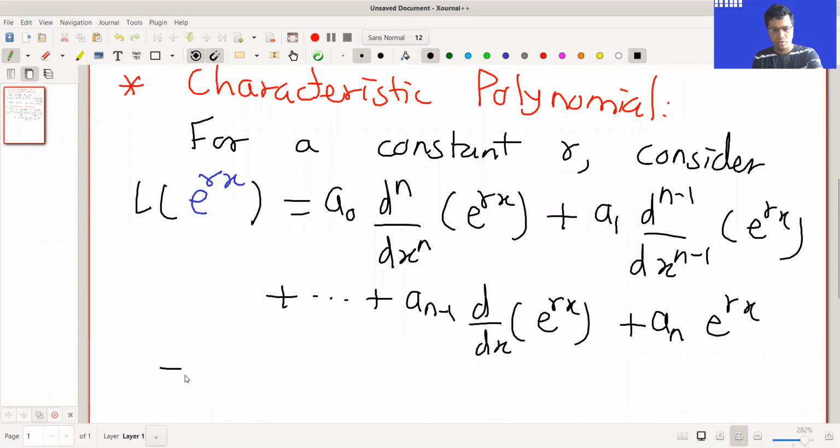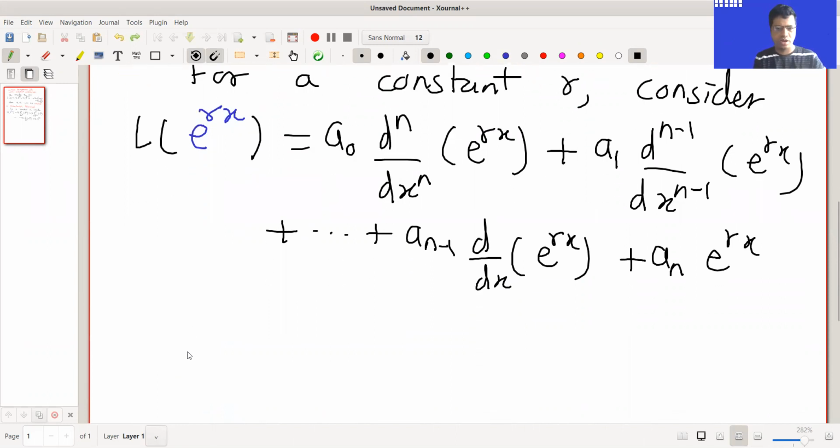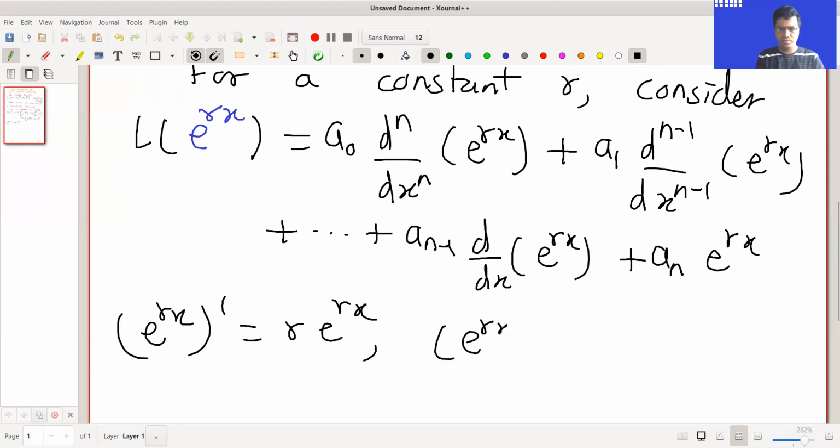Now the derivative of e raised to rx is r into e raised to rx. If we take the second derivative, it is r square e raised to rx, differentiating r into e raised to rx.